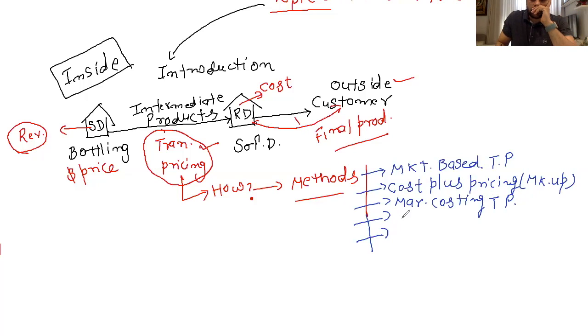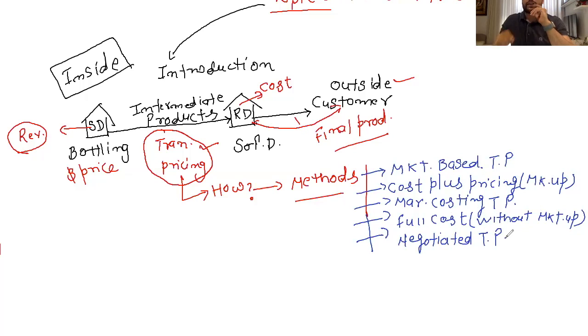The next one is full cost transfer pricing, another name for which is without markup. So in this method we estimate cost without markup, and in the cost plus method we estimate cost with markup. The last method is the negotiated transfer pricing method.